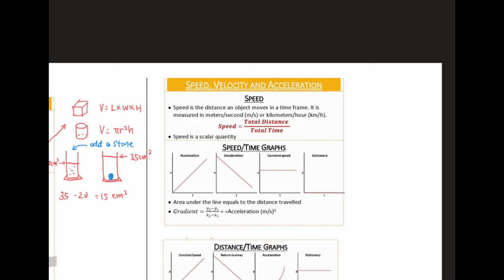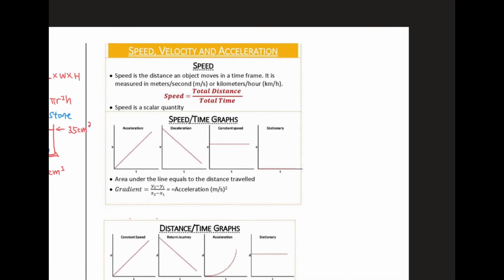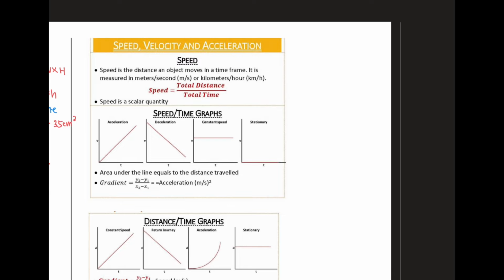Okay, let's say I give you one example. Let's say you have a graph like this, speed versus time. So you have this. Let's say here is 3, here is 5, and let's say here is 4. So if you want to count the acceleration, we use A. So we just take 2 points.